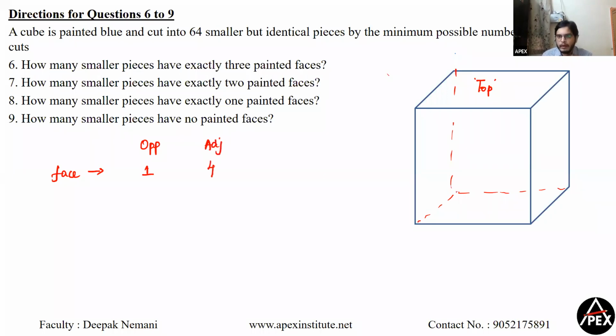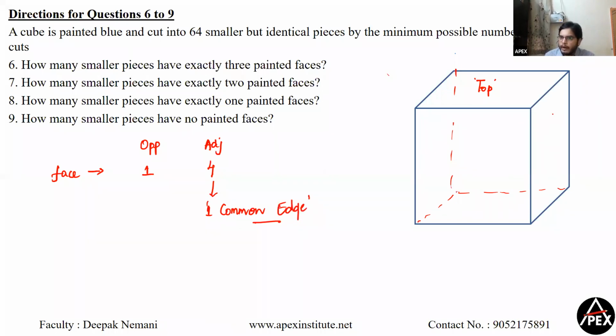So how do you determine whether a face is opposite or adjacent? Bottom face is opposite to top face, and the remaining 4 faces are adjacent. How can you say that? For all the adjacent faces, you will have one common edge for sure.